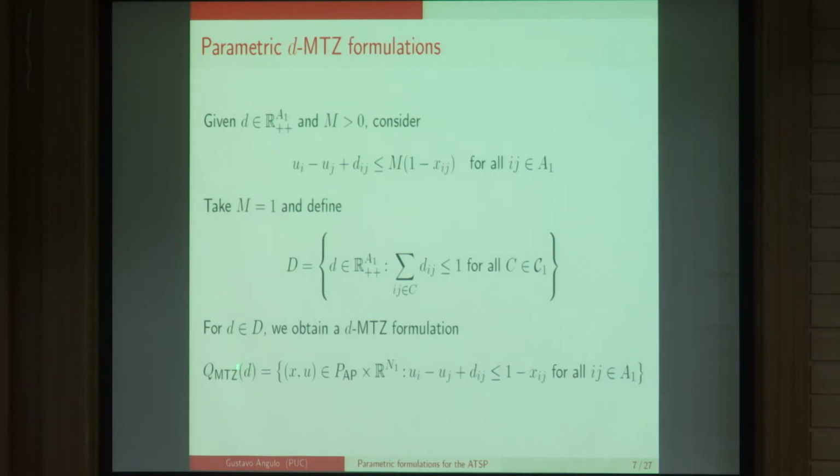Okay, so here we have again our extended formulation. We have X and U. X has to satisfy the constraints in the assignment polytope, and the vector U together with X have to satisfy these constraints for all arcs. Good.